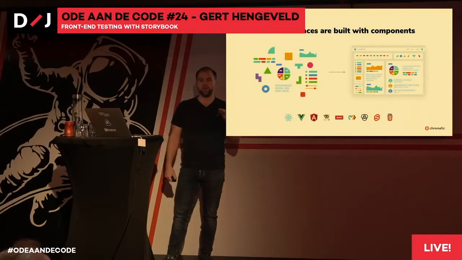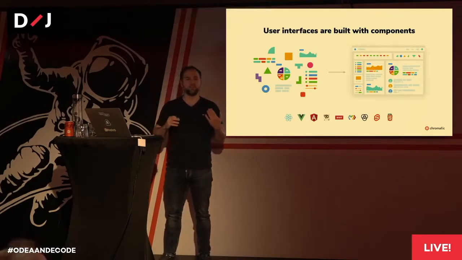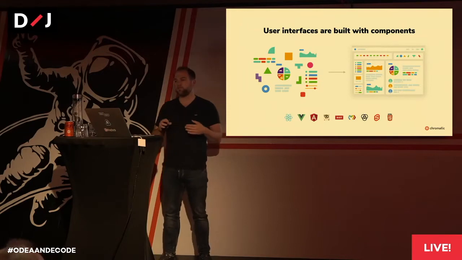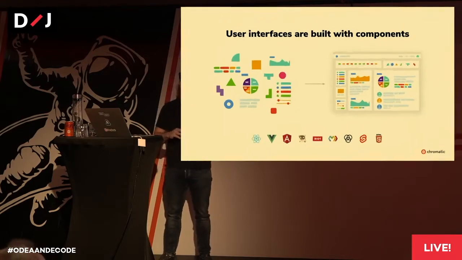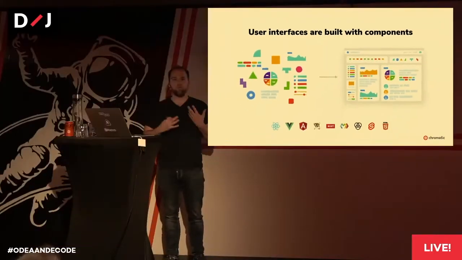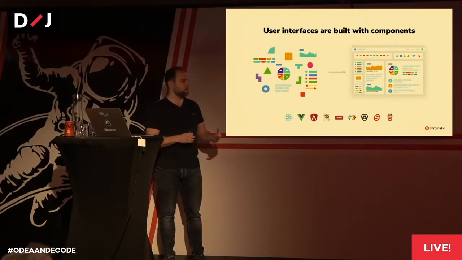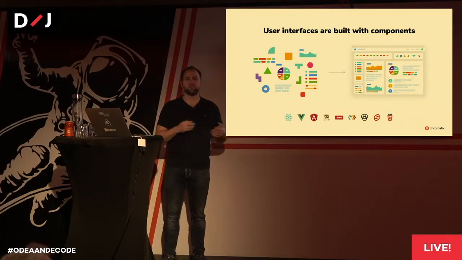So, user interfaces these days, in case you're not aware, are built using components. All of the major front-end frameworks or libraries, such as React, Angular, Vue, they all use components as the base node, so to say, in the entire structure. You then build up your user interfaces from those components, and the whole idea there is that components are reusable.